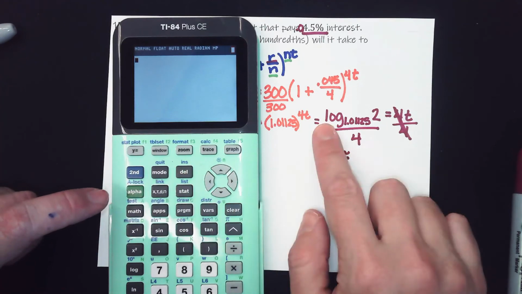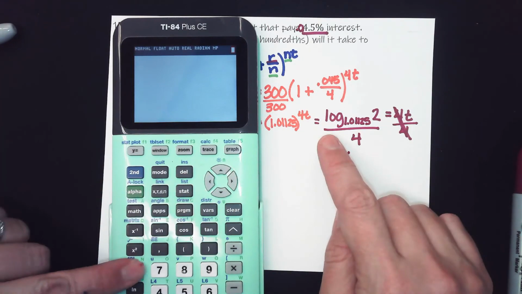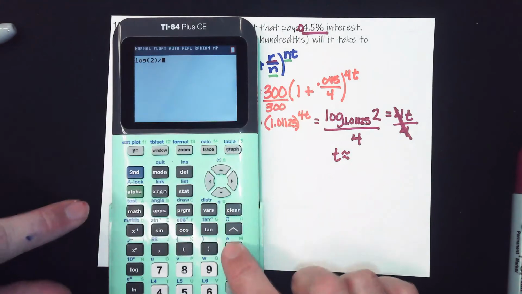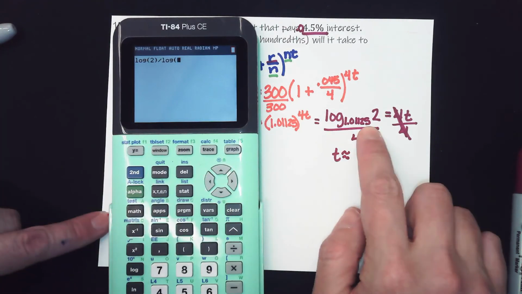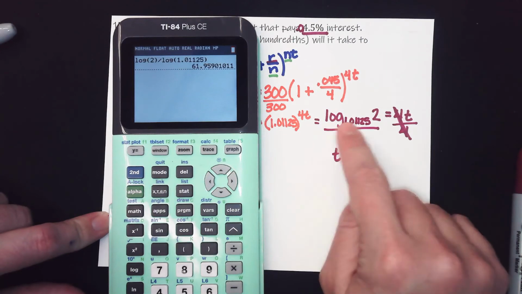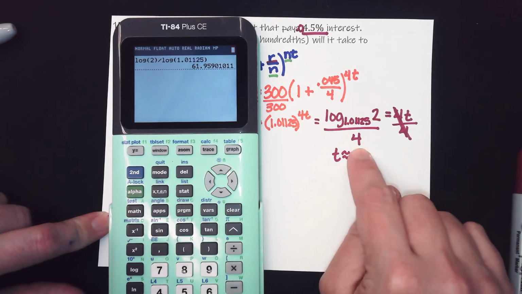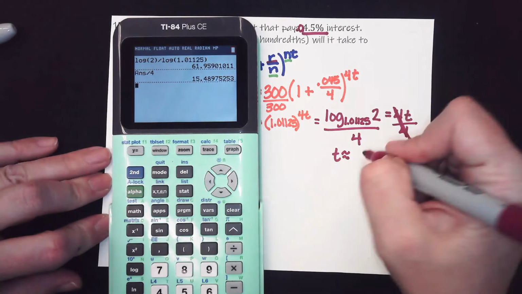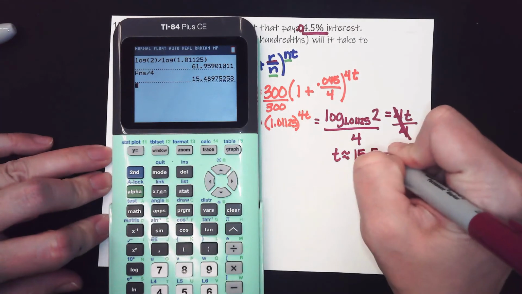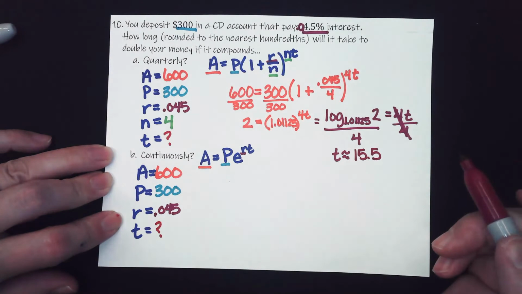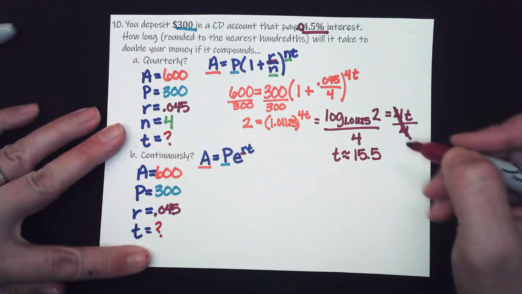But if you don't, do the change of base formula where you use just the common log of 2 divided by the common log of 1.01125. So I push enter, that's my numerator, and I divide that by 4. And I get about 15.5, and our units here are years, okay?